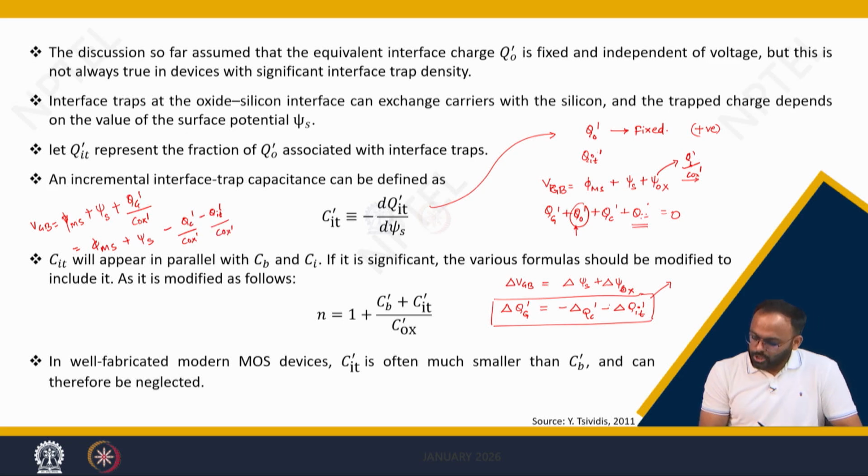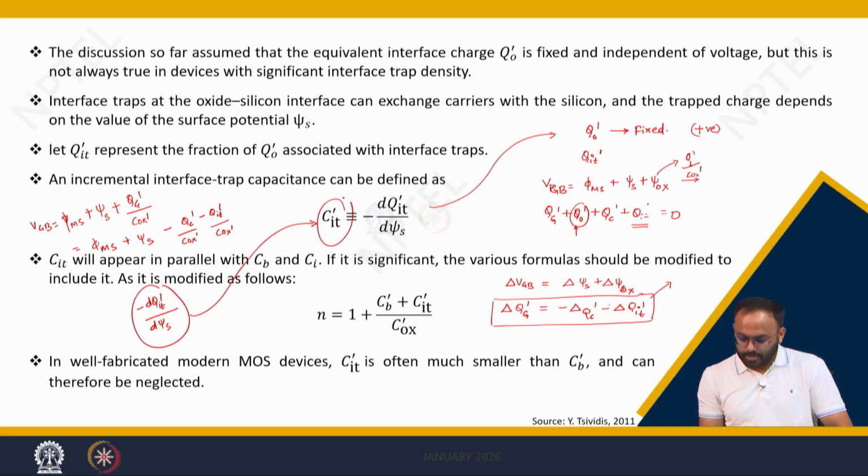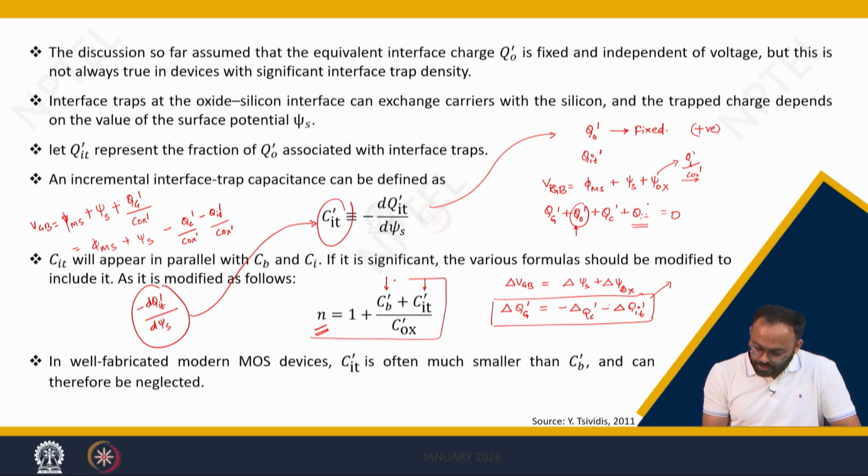In this condition, if you calculate with the same approach, a term will come out: dQit divided by d of psi s. This term is defined as the capacitance due to traps, and when you calculate the slope factor n, n can be given by 1 plus Cb dash plus Cit dash divided by Cox dash.